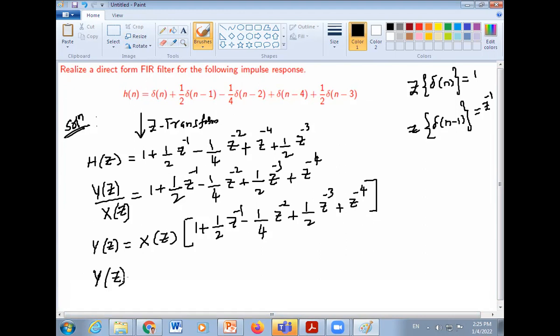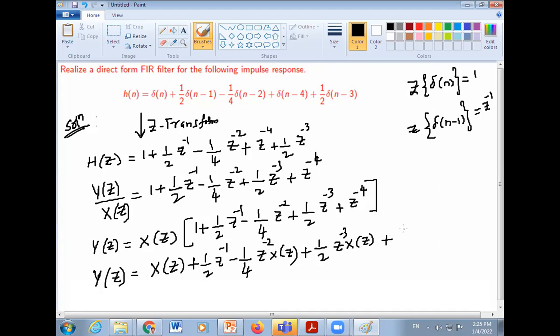Y of z is equal to, what we will write now? If I take this H of z inside the bracket, so I will write it as X of z plus 1 by 2 z inverse X of z minus 1 by 4 z power minus 2 X of z plus 1 by 2 z power minus 3 X of z plus z power minus 4 X of z.